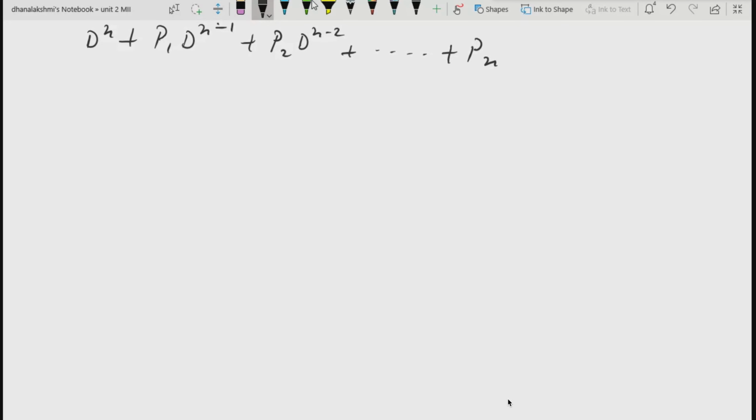This I have applied on y is equal to q of x.